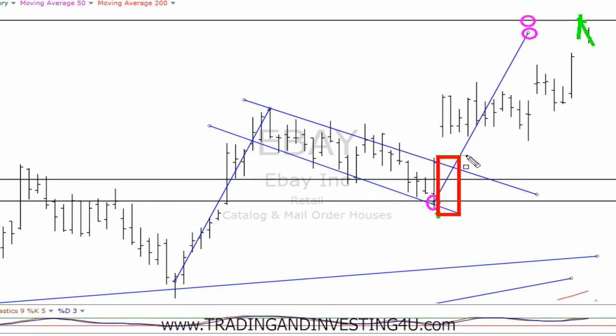And so you get in at 51, as an example, and now your target is say up here at 56. So we're looking at, what's that, 1, 2, 3, 4, 5, a $6 target to a $2 risk.